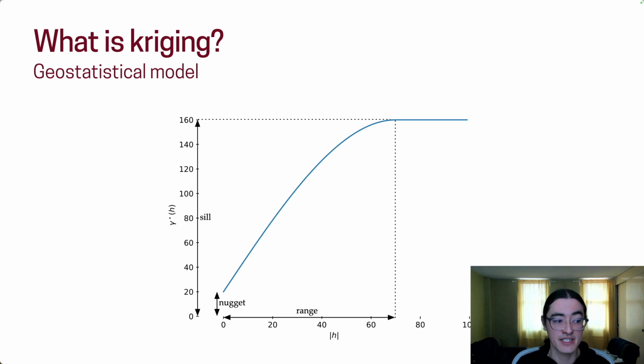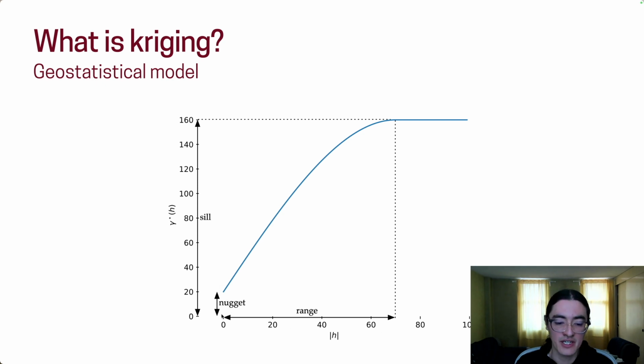So we first take the data set, and we compute the variogram to know what is the shape of the similarity as the distances increase. And then we create a function that models the same behavior. This is usually based on a few different parameters. These are called the sill, the nugget, and the range.